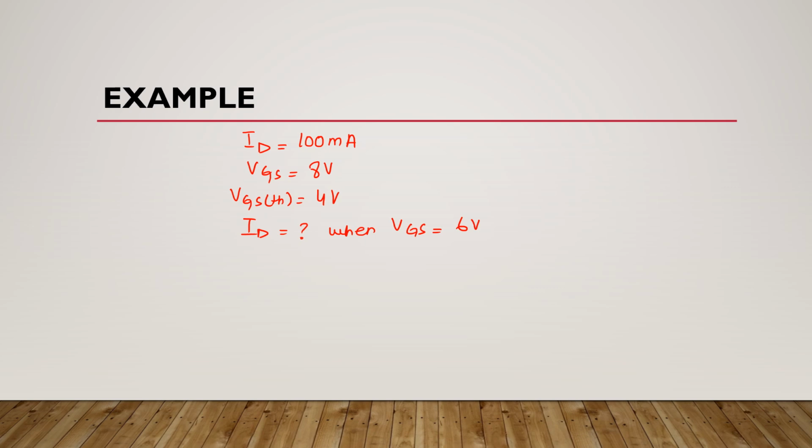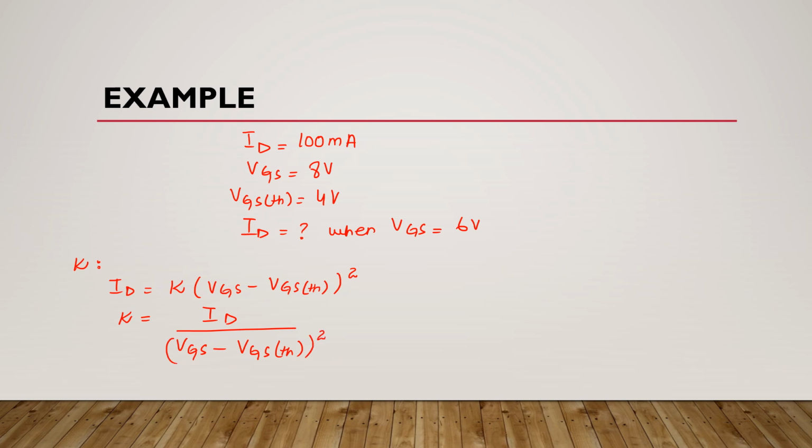Again, first you will find the value of K. For this you will use this equation. ID is equal to K multiplied by (gate to source voltage minus threshold voltage) whole square. If we rearrange this equation, we get K is equal to drain current divided by (gate to source voltage minus threshold voltage) whole square.